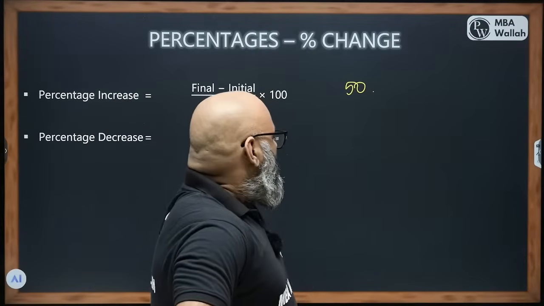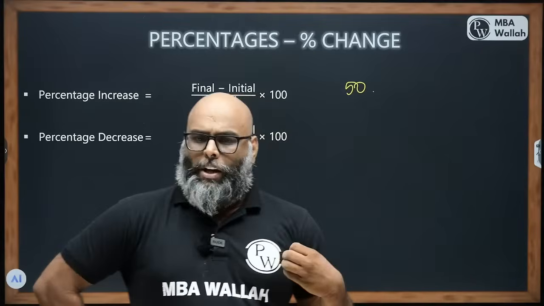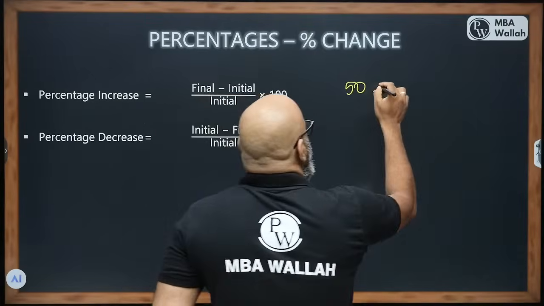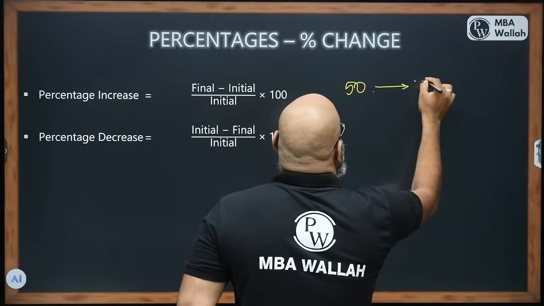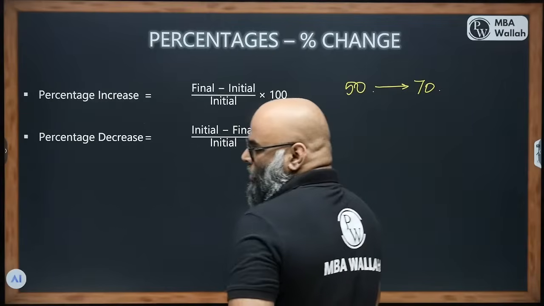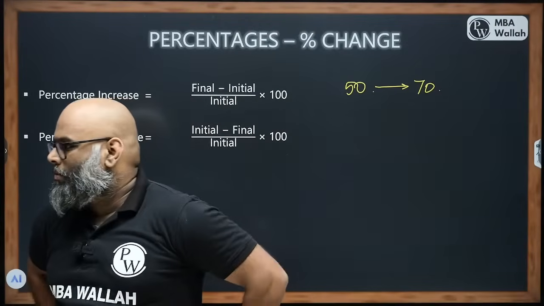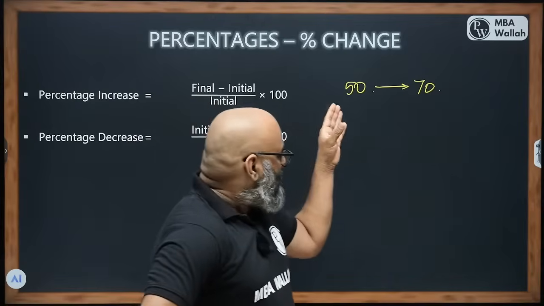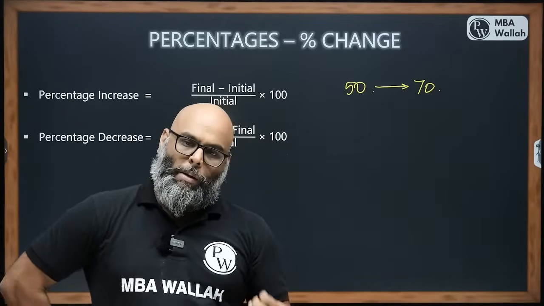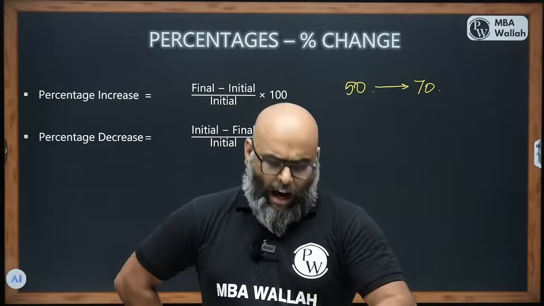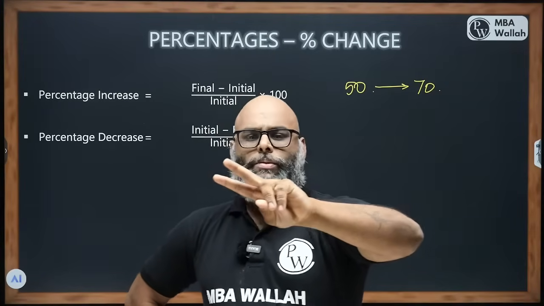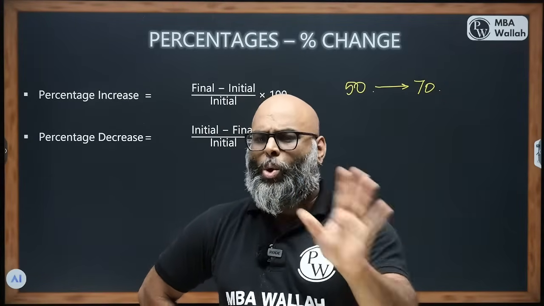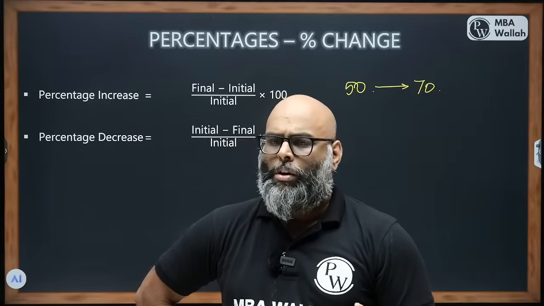Now coming back, the price of a pen was 50 rupees. And then next month it jumped to 70 rupees. Right? From 50 rupees it has gone to 70 rupees. What is a percentage change? Just ask two questions to the question that I have shot.